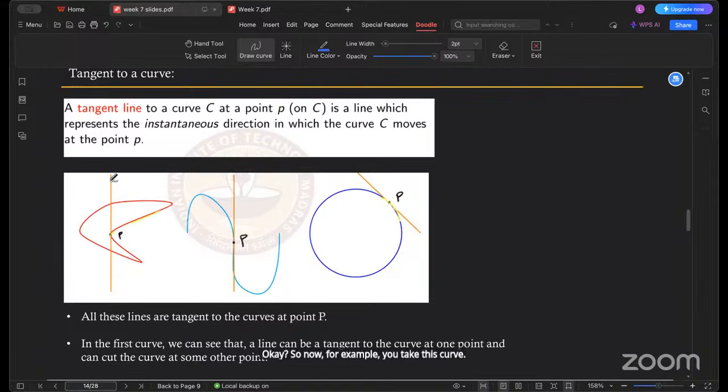At this point, you see, this is the tangent. And here, at this point, this is the tangent. And for this circle, this is the tangent. So what's the instantaneous direction in which the curve C moves at that point? Now here for this point, from this line, can you say in which direction it can move?